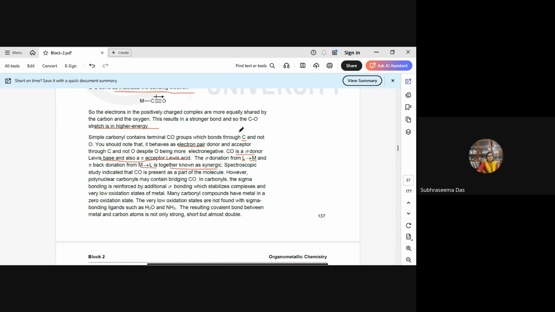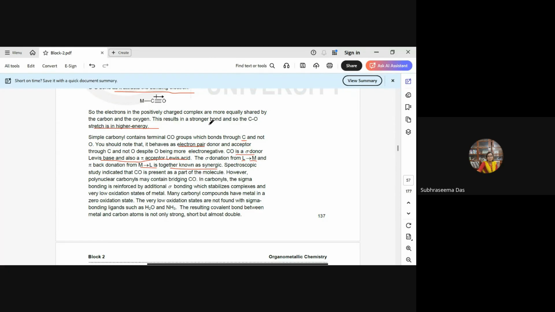Since both sigma bonding and pi back bonding occur simultaneously, it is called synergic bonding. Spectroscopic studies have also indicated that carbon monoxide is present as a part of the molecule. However, these are for simple carbonyls.